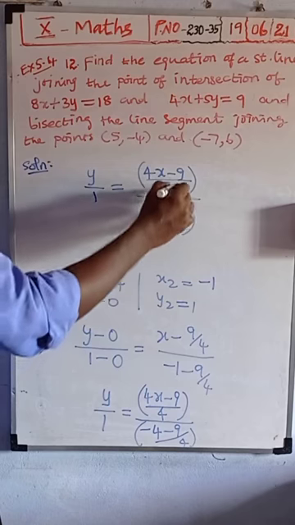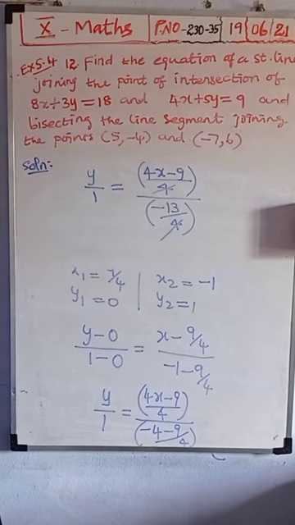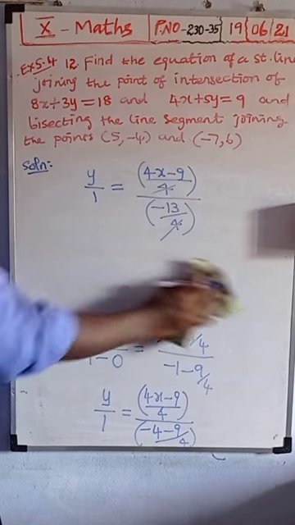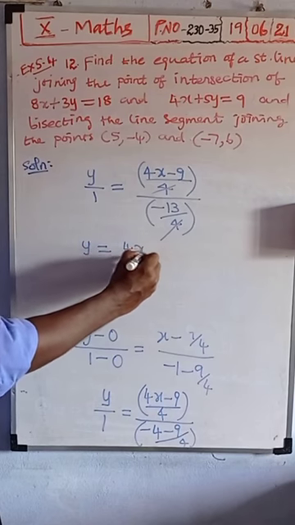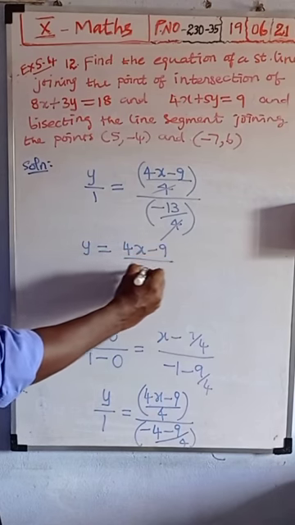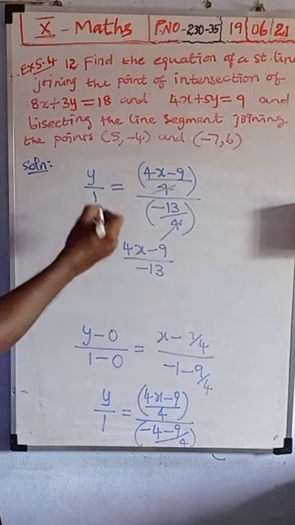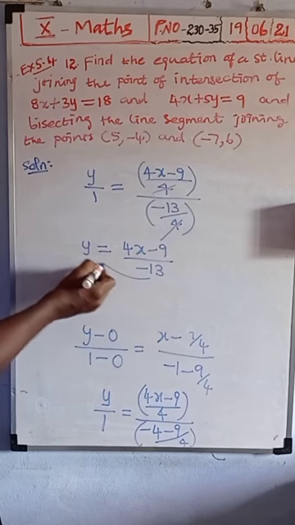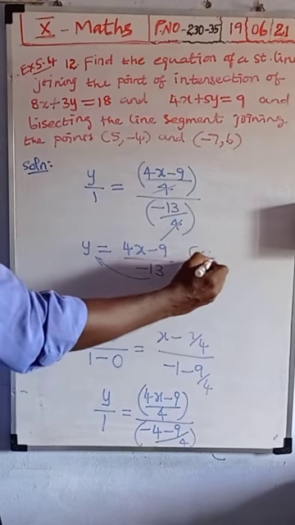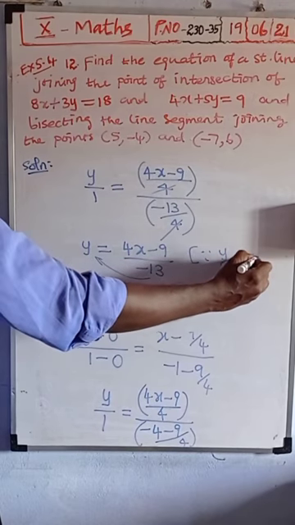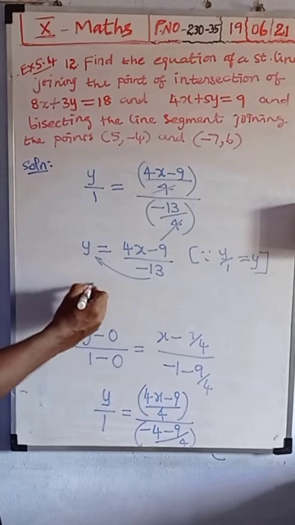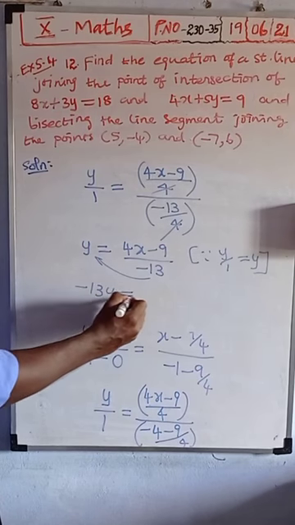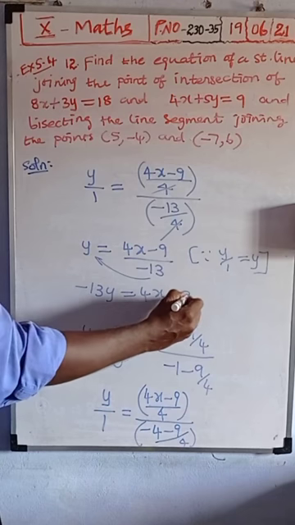Now both denominators 4 get cancelled. Then next step, what will you get? Y is equal to 4x minus 9 whole divided by minus 13. Now this goes this side, minus 13y is equal to 4x minus 9.